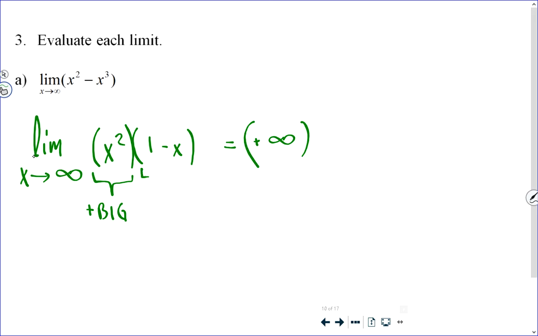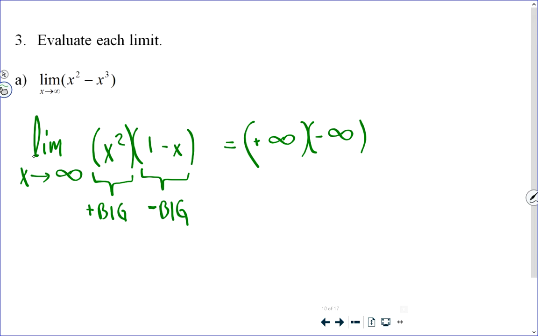This 1 minus x, 1 minus an infinitely large number, will be a negative number that's infinitely large. So this factor will be a negative big number. And don't go to university and start writing positive big and negative big in your work.